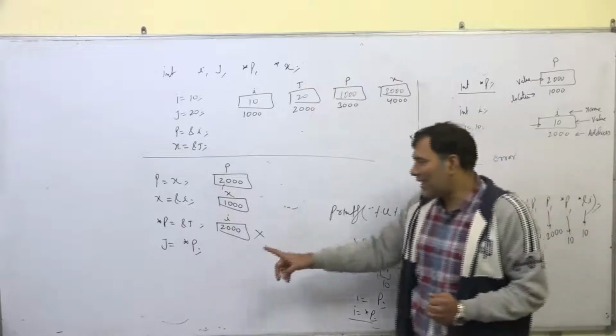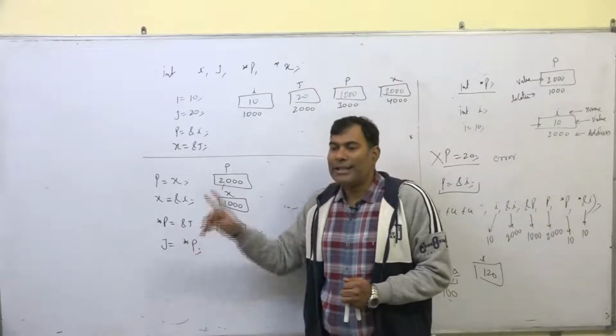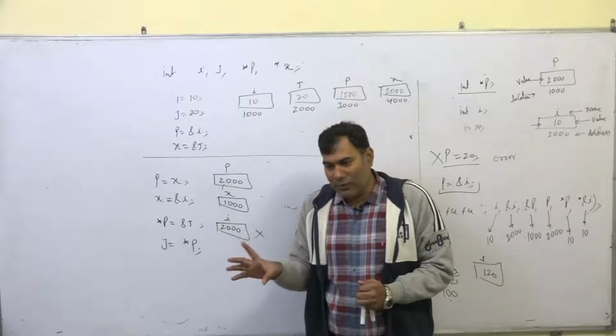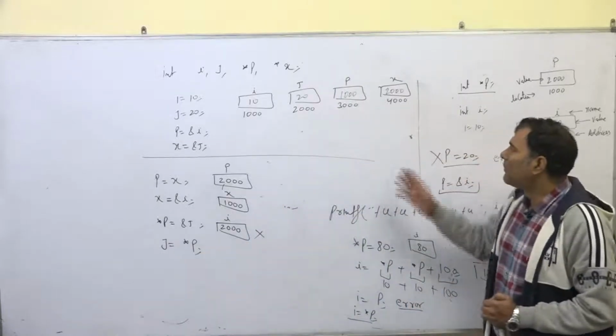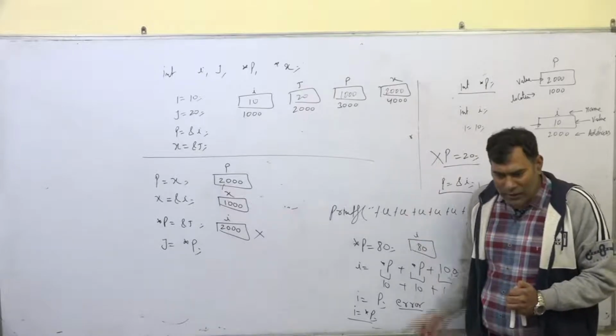So J is a normal variable. It can hold only a normal value. So tell me, P means 1000 by looking.